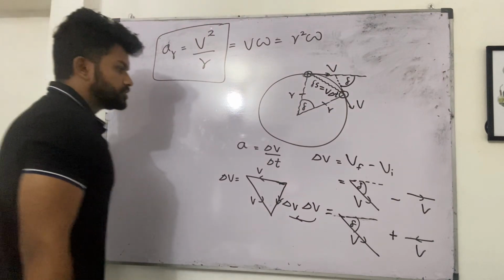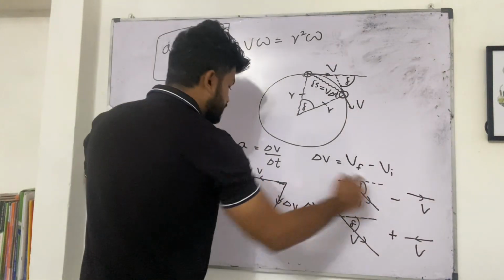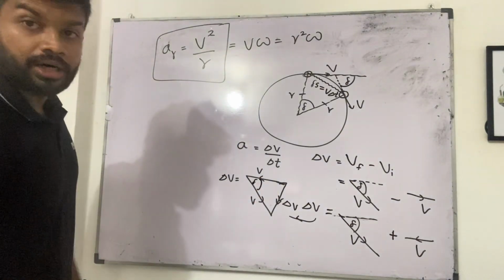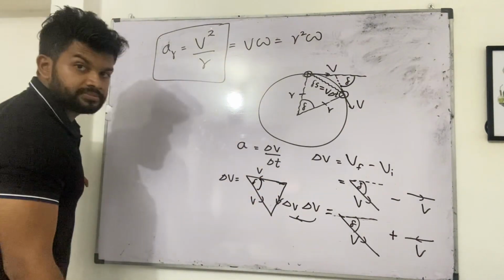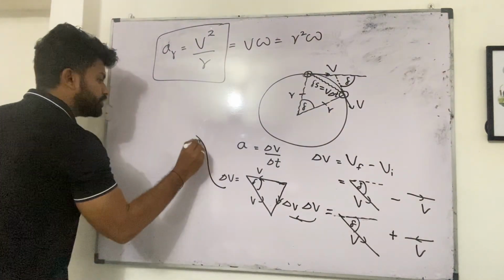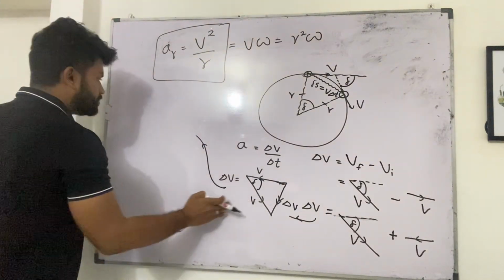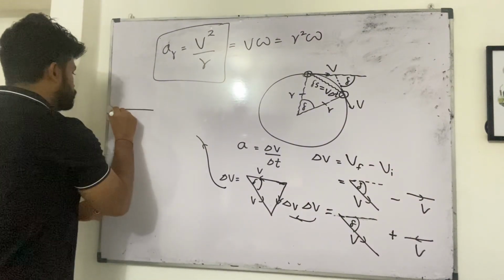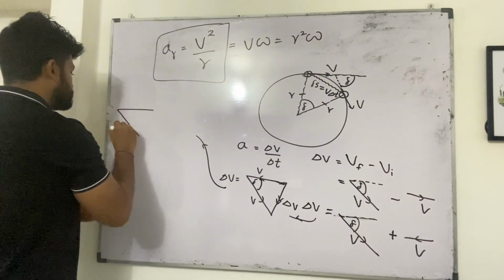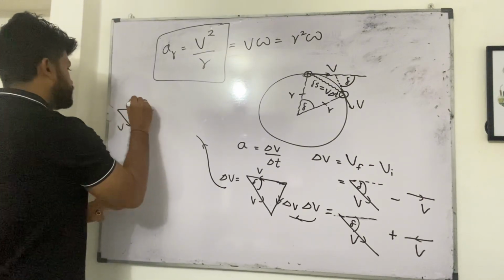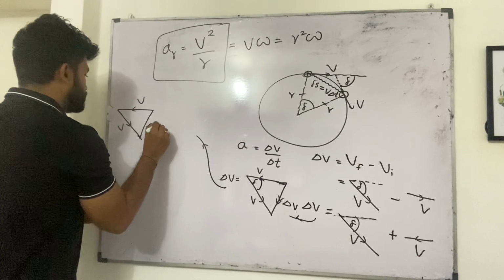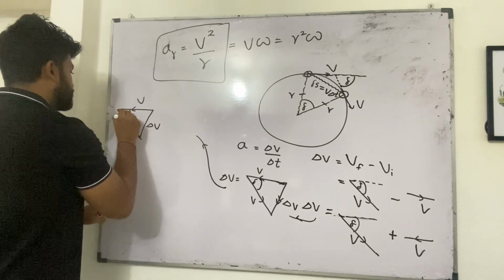Now I already know the angle between these two is also delta, and now I have two very similar triangles. So I'm going to extend my working to here. So then I have two specific triangles now. So this is my V, and this is my V, and this is my delta V, and this is my angle delta.